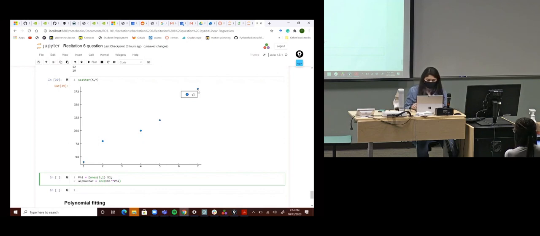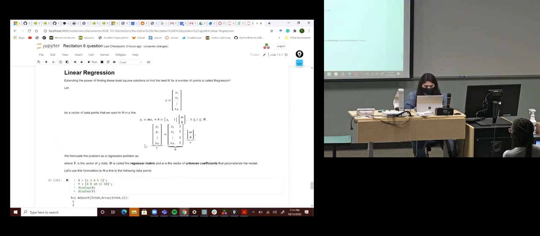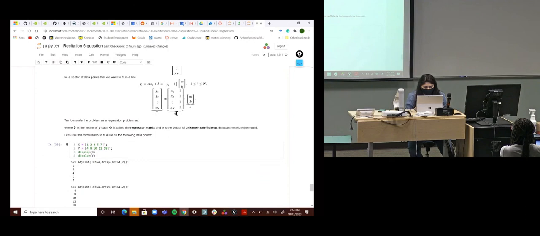From our Ax equals b, I know that y is this phi times alpha. I know I have my x vector and I have my y vector, and I'm trying to find the alpha, the m and the b.